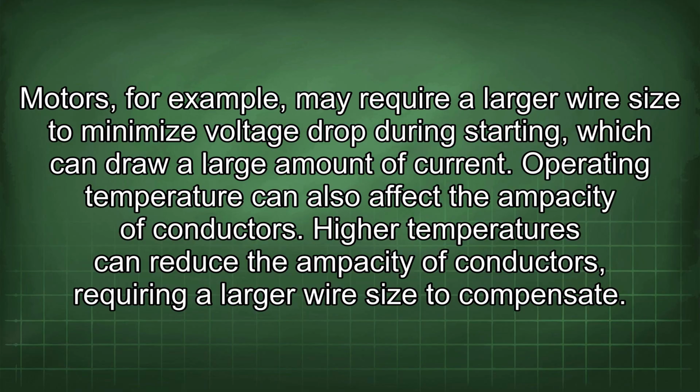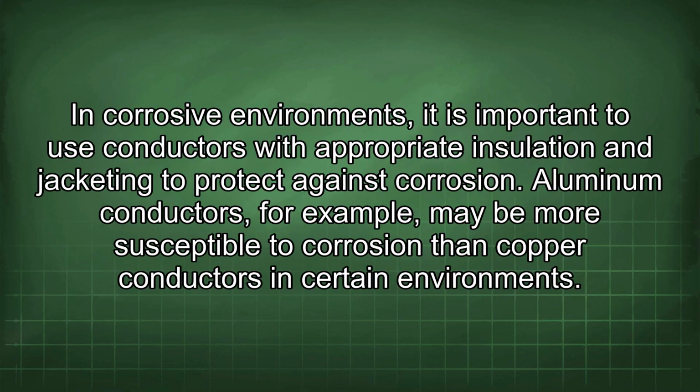Operating temperature can also affect the ampacity of conductors. Higher temperatures can reduce the ampacity of conductors, requiring a larger wire size to compensate. In corrosive environments, it is important to use conductors with appropriate insulation and jacketing to protect against corrosion. Aluminum conductors, for example, may be more susceptible to corrosion than copper conductors in certain environments.